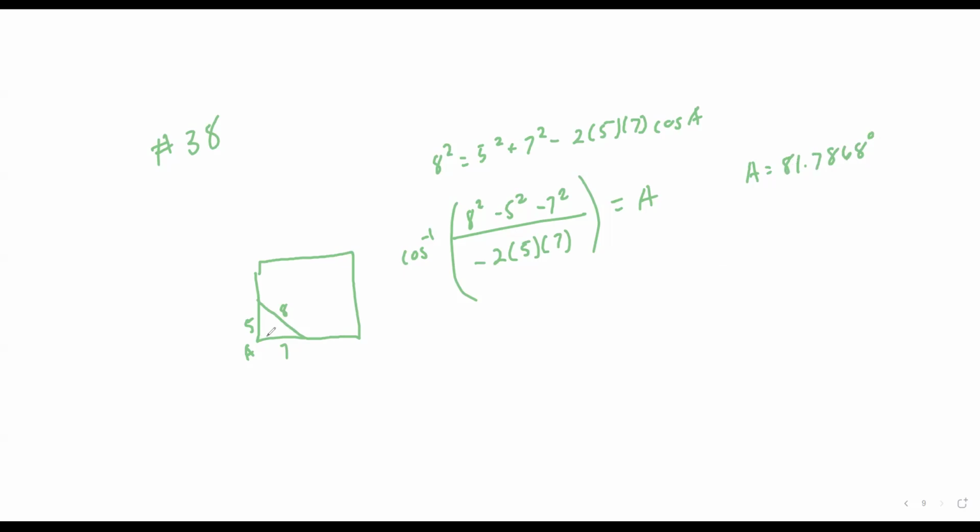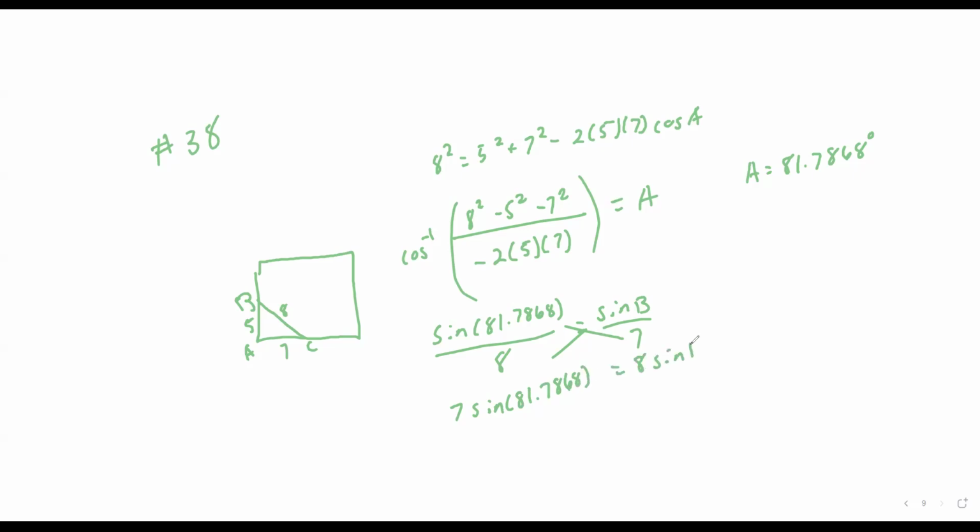To calculate the rest, you can just do law of sines. So I'll do sine of 81.7868 divided by 8 equals sine of, we'll call it B, divided by 7. So we'll say this guy's B, and then this guy's C. Cross multiply, so I get 7 sine 81.7868 equals 8 sine B, divide by 8. So 8 now goes over here.